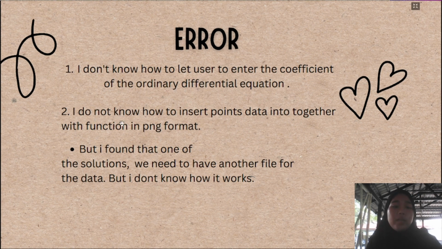The second one, I don't know how to insert the points data together with the function in PNG format, but I solved it using GNU plot graph. But using PNG format, I found that one of the solutions is we need to have another file for the data, like .dat, but I don't know how it works.